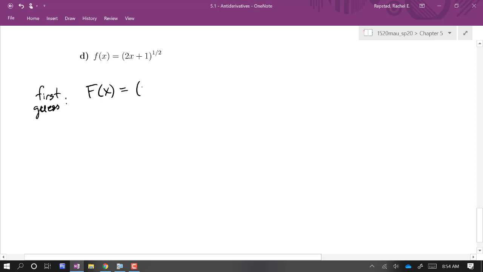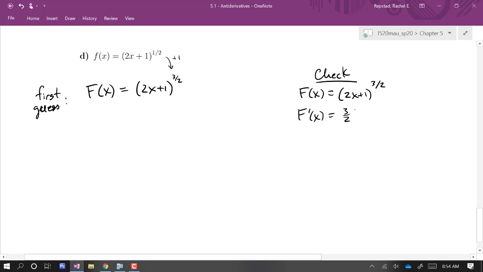I want this same stuff. I've got to add 1 to the exponent, so that'd be 3/2. And then I'm going to do a check and see where that leaves us. So big F of x is (2x plus 1) to the 3/2. Then its derivative, big F prime, is 3/2 times (2x plus 1) to the 1/2 times 2.